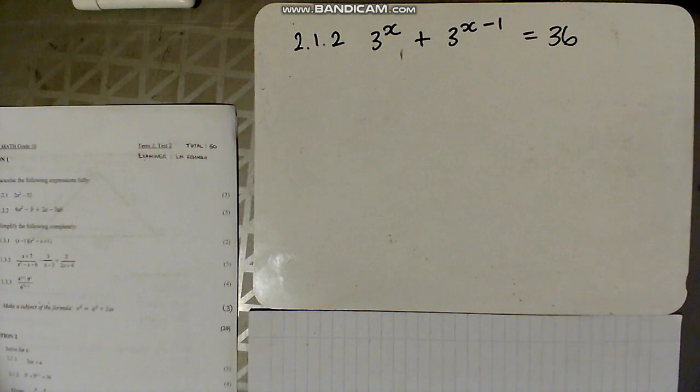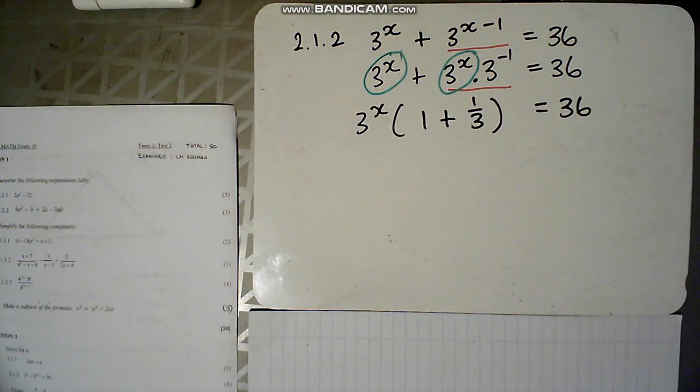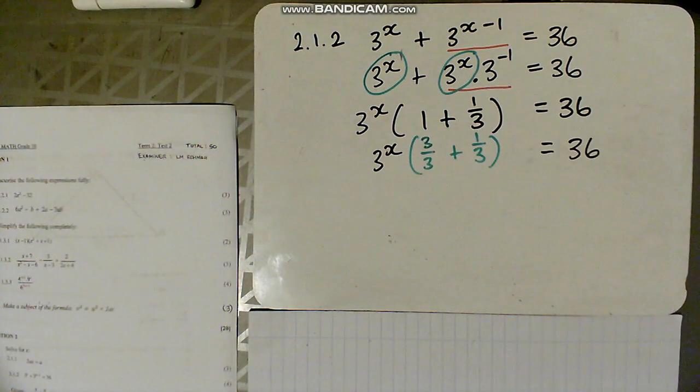Right, you're busy with 2.2. First thing we can do is break up the 3 to the x minus 1 into prime bases. If you look nicely, you can see that 3 to the x is common, so you can remove a common factor of 3 to the power x. 3 to the minus 1 in the calculator will give you a third. 1 plus a third gives me 4 over 3.